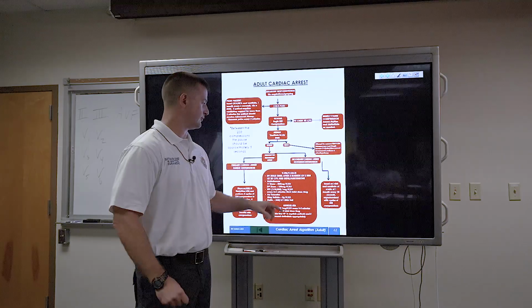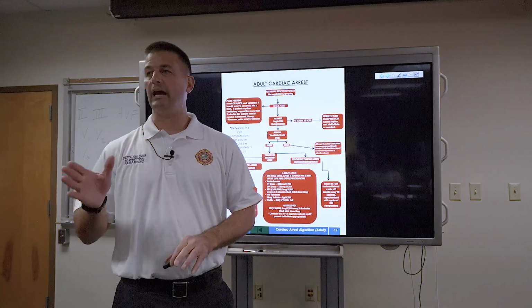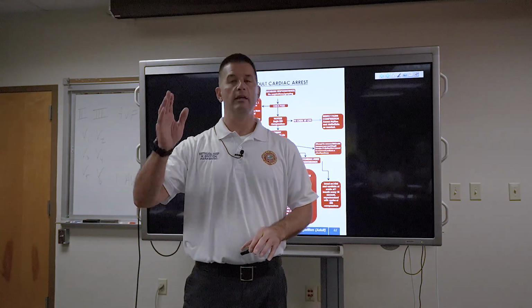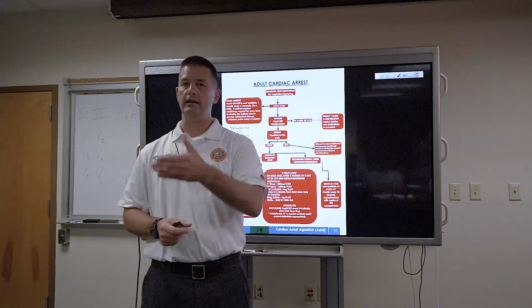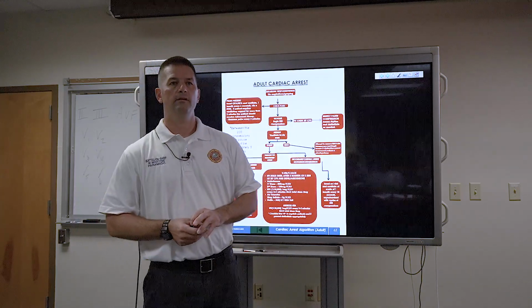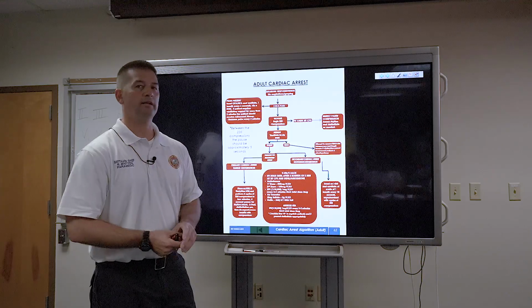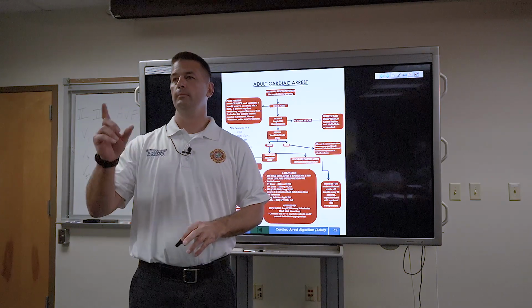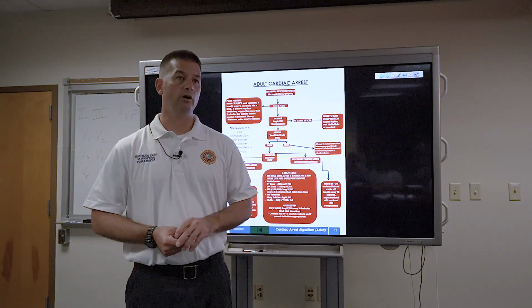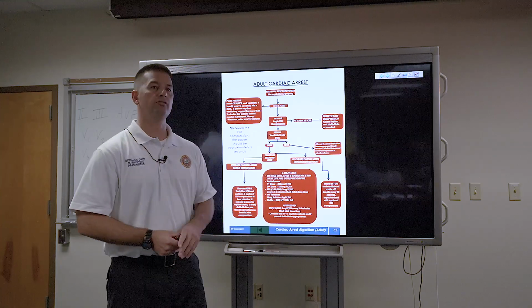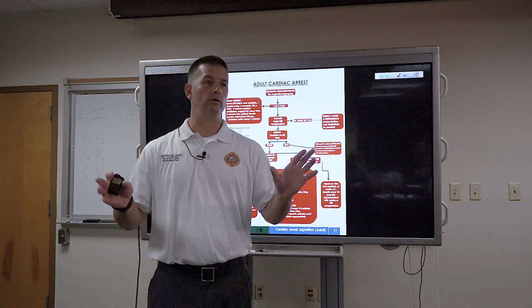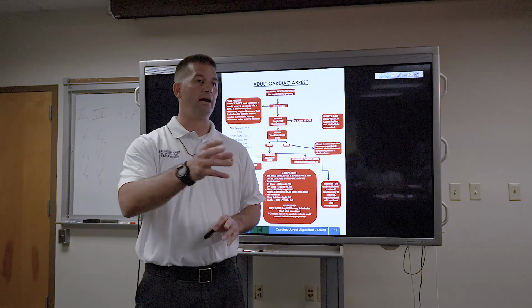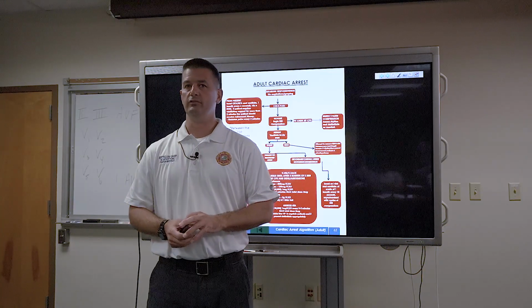So 3 cycles. If after 3 cycles we don't get a pulse return, then we will use the epinephrine to try to get the pulse back. But again, you notice we limit it to 3 milligrams. Once you've given your max of amiodarone, your max of epinephrine, we're not giving drugs other than if you have an issue with the H's and T's.